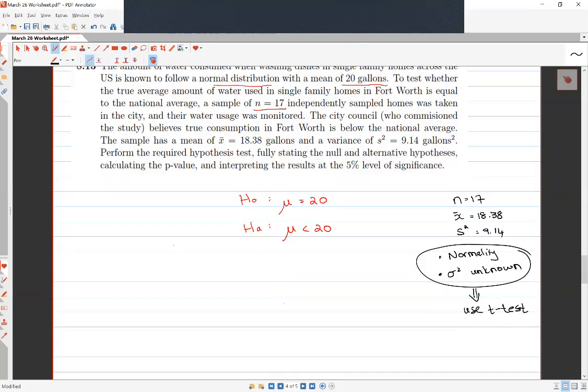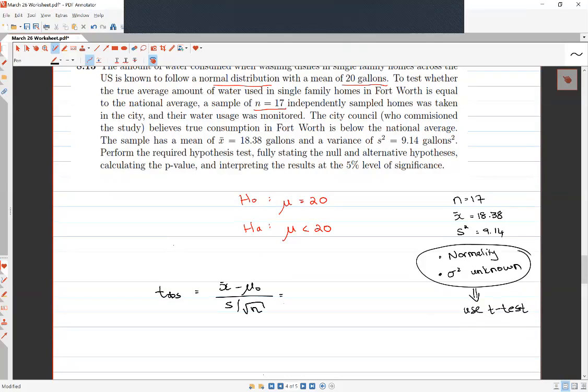Implementation is going to look very similar. In fact, what I now call T observed is still X bar minus mu naught over S over square root of N. So the formula doesn't really change from Z observed.